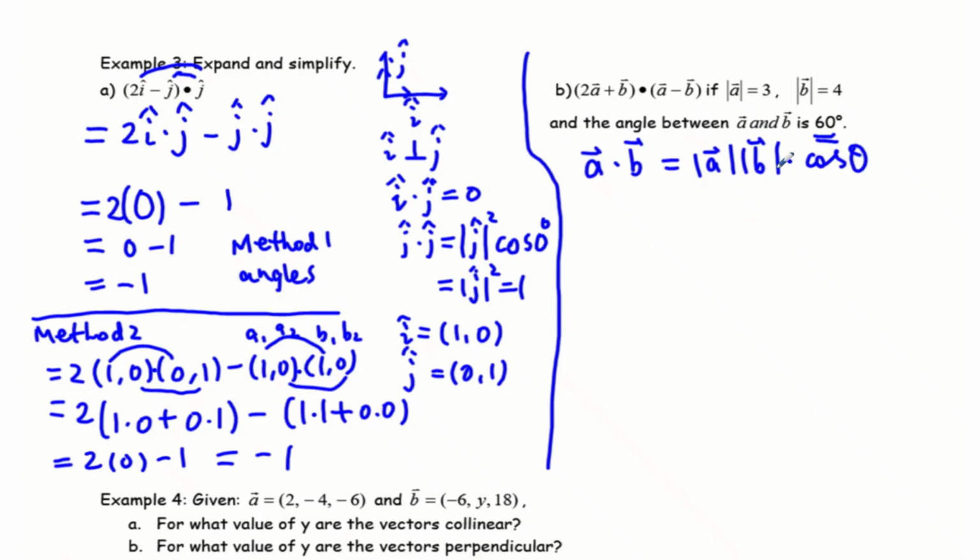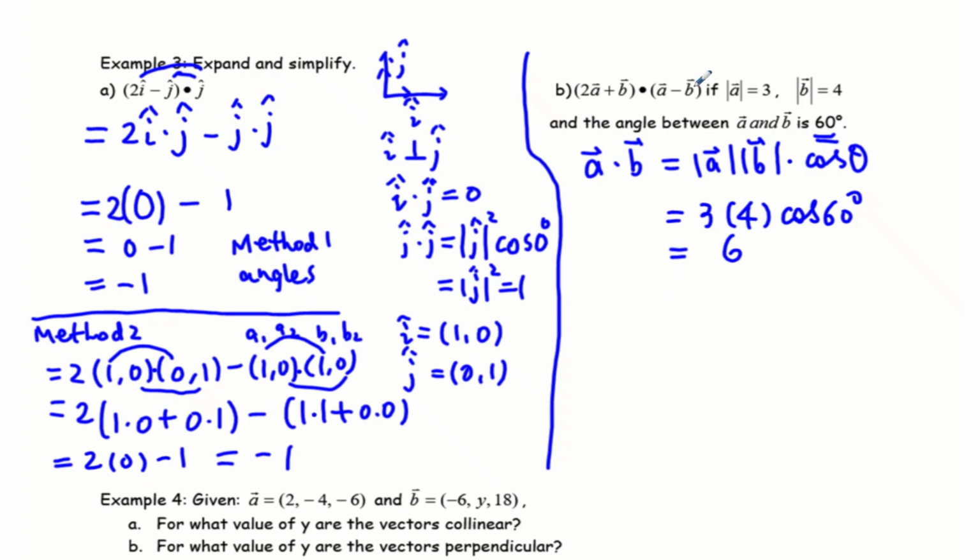So a dot b equals magnitude of a times magnitude of b times cosine of the angle. So equals 3 times 4, then cosine 60 degrees. Use your calculator, you will find out it is 6.